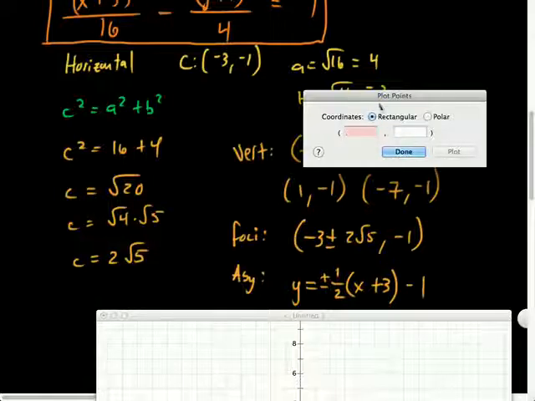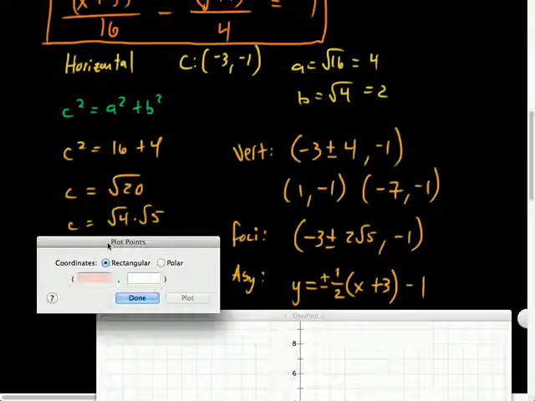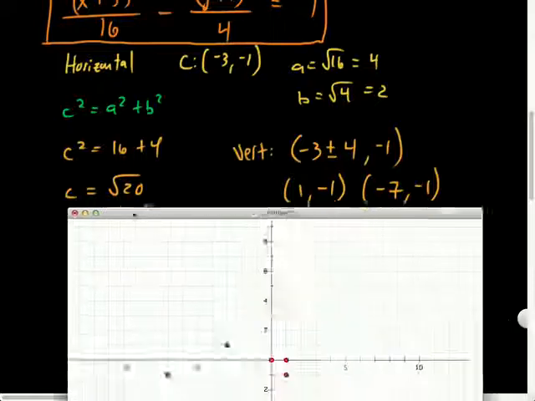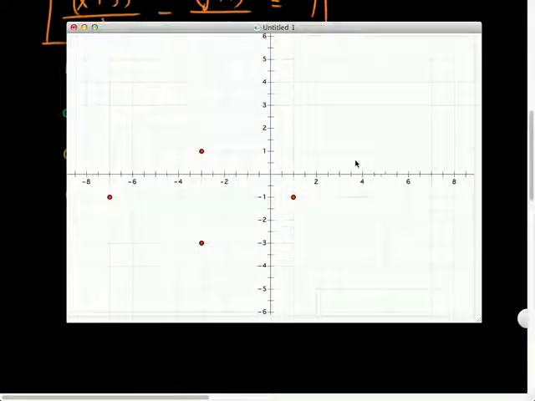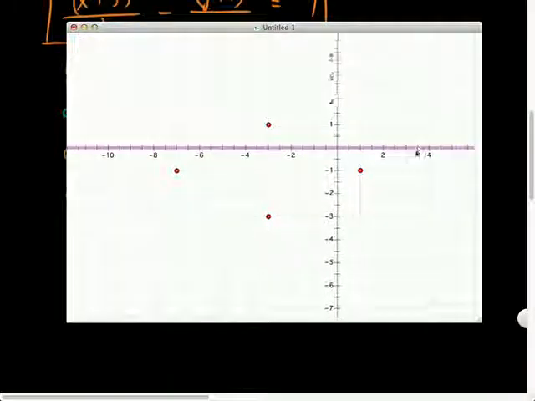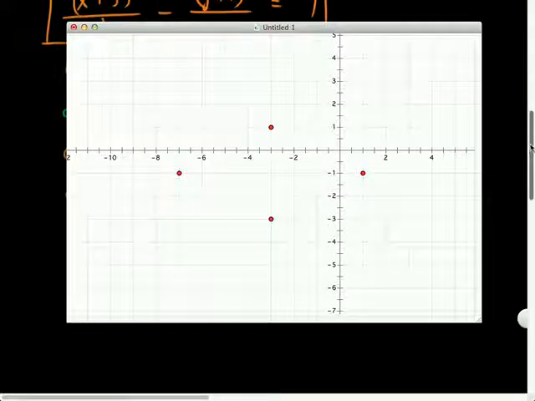They're not technically co-vertices or anything, but I could do -3, and add and subtract b to the y coordinate. So let's see what I've got so far. I can hide those.